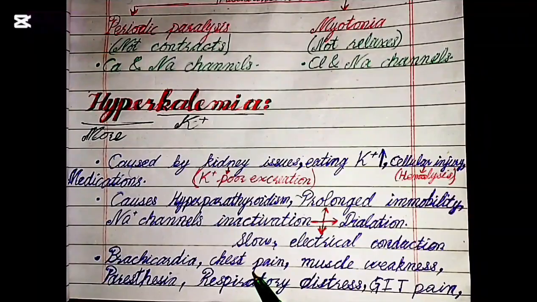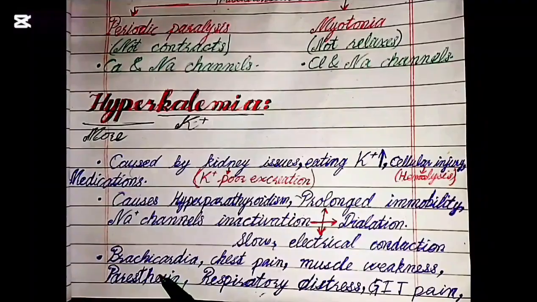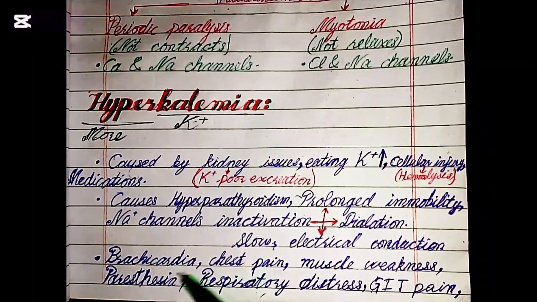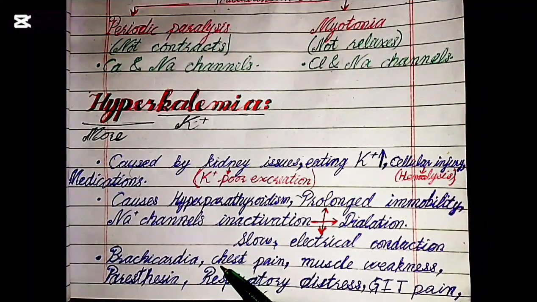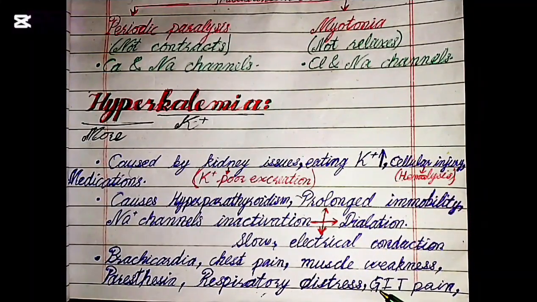So it causes bradycardia due to less contraction, and chest pain because the body doesn't get the appropriate nutrients or oxygen. And it also affects smooth muscles, GIT, urinary, etc. So it causes GIT pain, means abdominal pain, and also respiratory disorders, means lungs also have smooth muscles, so it causes respiratory distress and the person can't breathe properly.